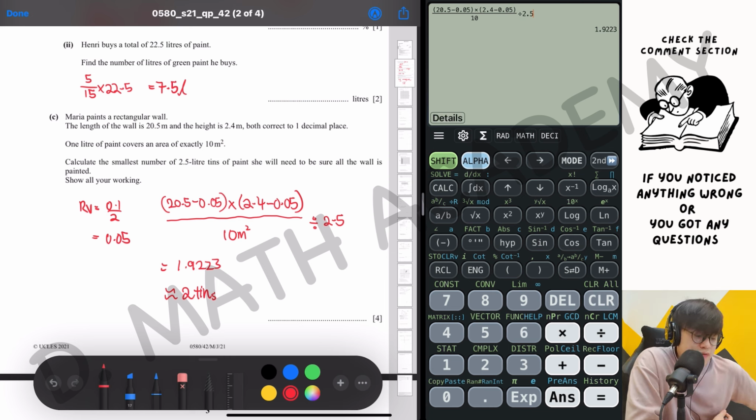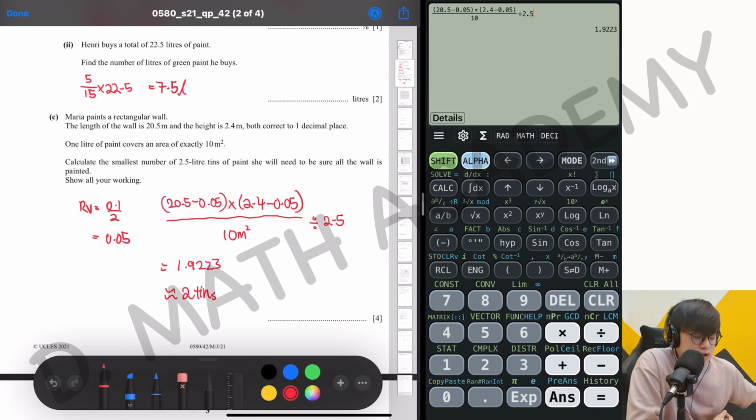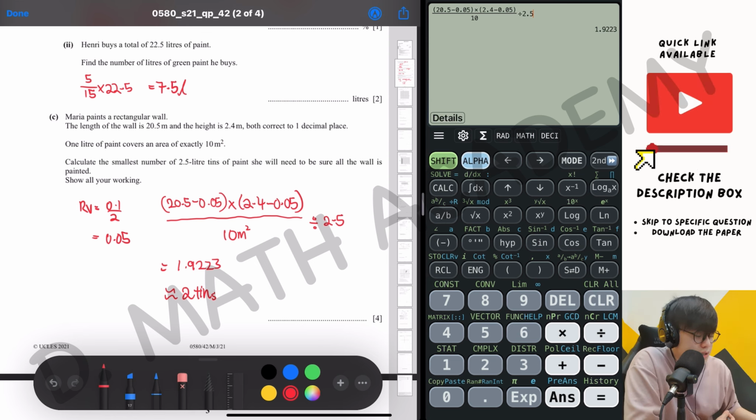Okay. So if they were to say the largest number of 2.5 liter tins of paint that she will need, then instead of minus here, I would change it into plus. Then you will get 2.0139, which then only you round it up to 3 tins, like what was written there.